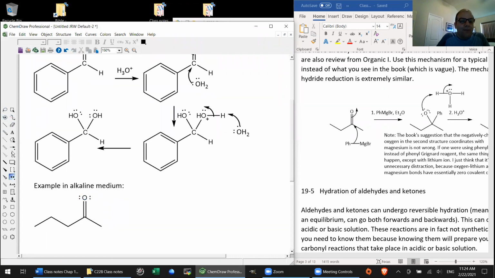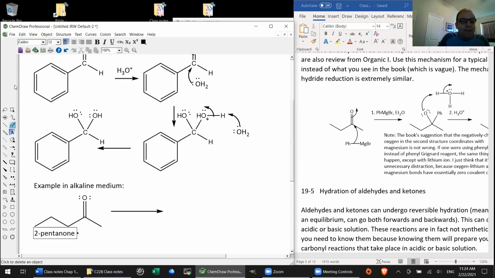Good, so let's say that we're using 2-pentanone. And we haven't officially learned necessarily how to name aldehydes and ketones yet. That's part of this chapter, by the way. But I don't think that's going to knock anyone's socks off to learn that this is called 2-pentanone.